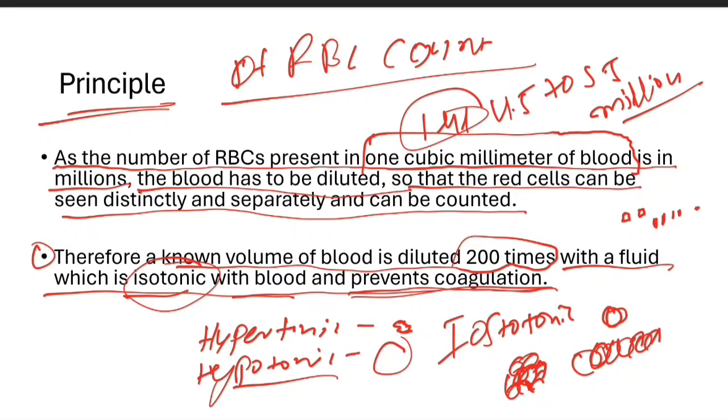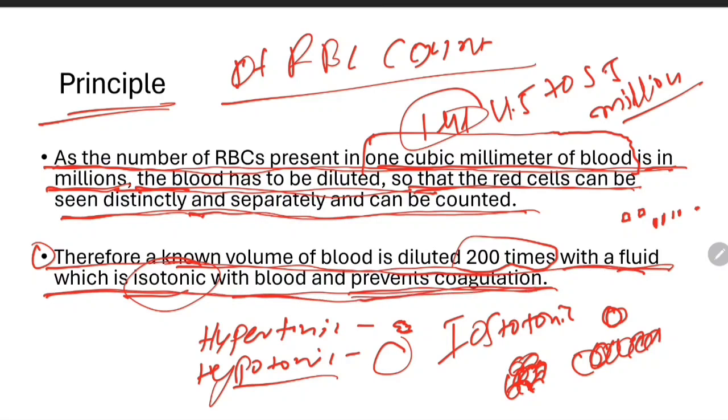So because the RBC count is very high, in millions per cubic millimeter of blood, the blood has to be diluted first so that the red cells can be seen distinctly and separately and can be counted. Therefore a known volume of blood is diluted 200 times with a fluid which is isotonic with the blood and prevents coagulation. So here we are going to use Hayem's fluid.